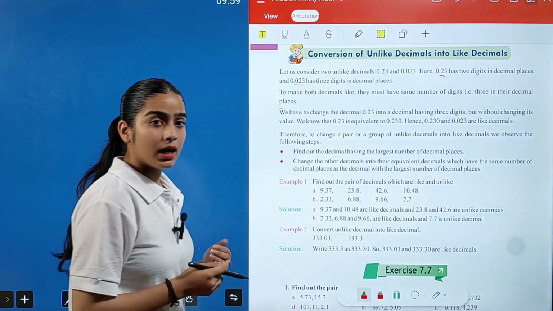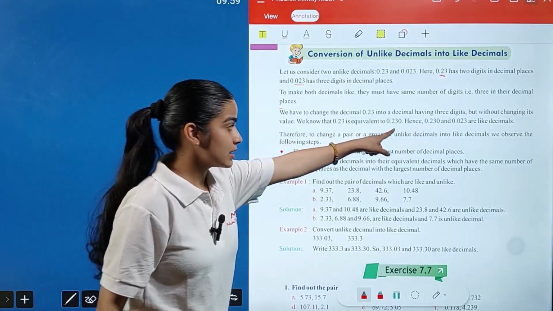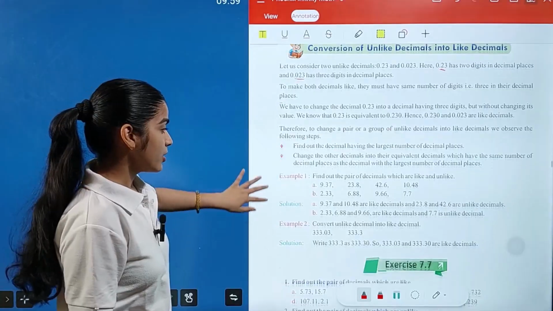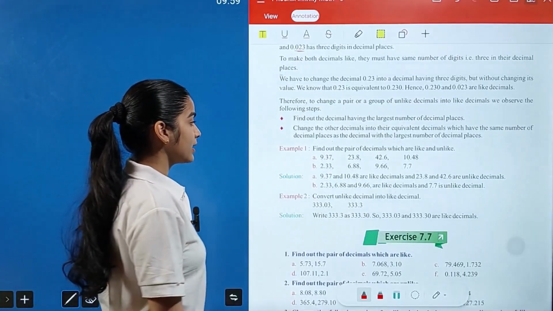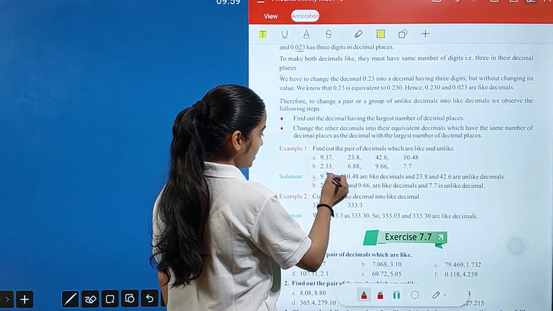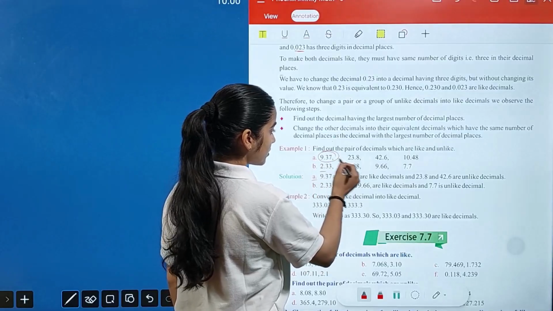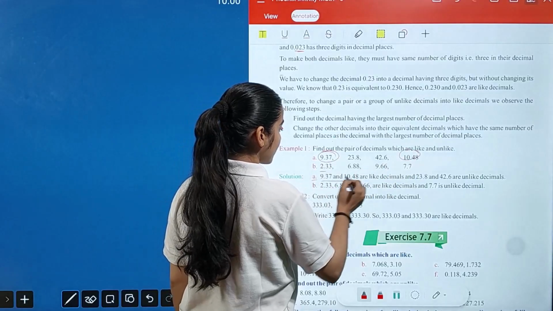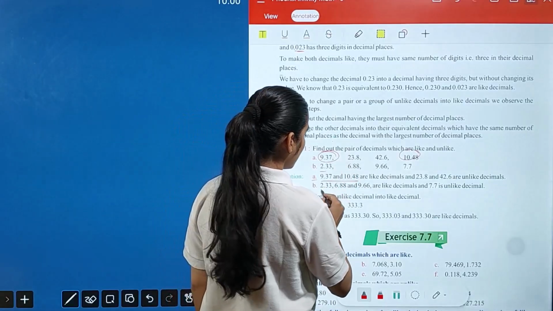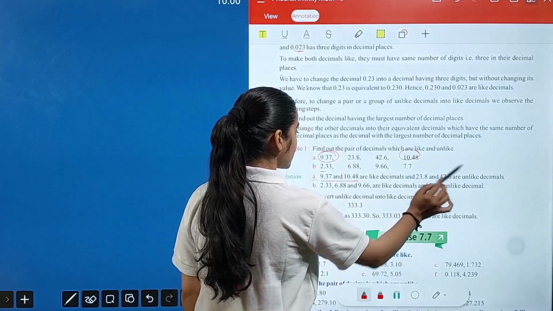To convert an unlike decimal to a like decimal, we just have to add a 0, because we just need to make the digits the same after the decimal point. So find out the pair of decimals which are like and unlike, A and B. In A we have these as like decimals, and 2.33, 6.88 and 9.66 are like decimals, and 7.7 is unlike.